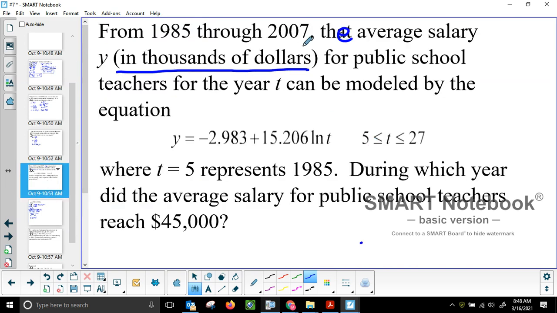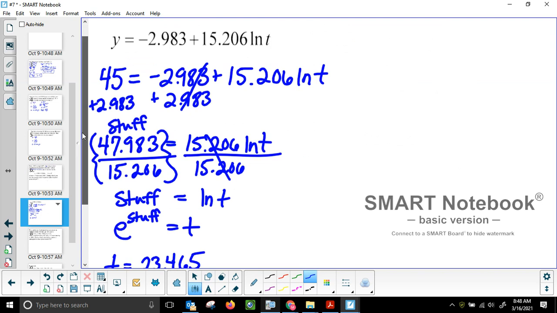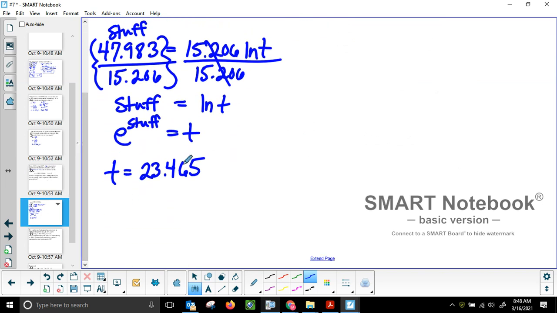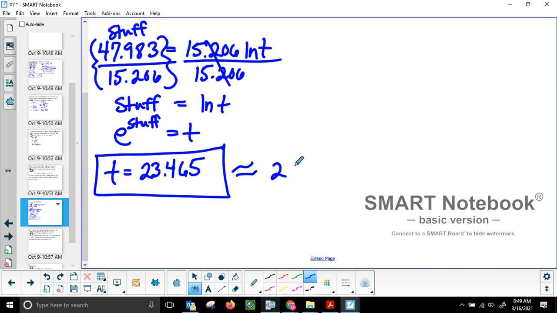That would be like 2003, somewhere in there. However, they do weird things, and I don't like the way they do this, but I know they do it in college, and I think on the SAT too. Whenever you're talking about time like this, you round up. So you would actually say 2004.